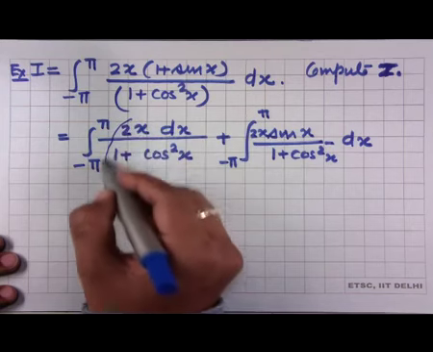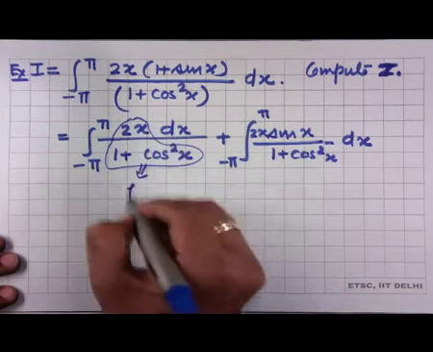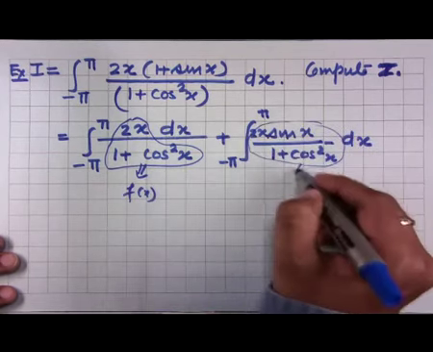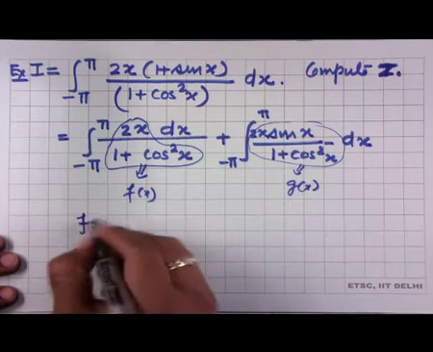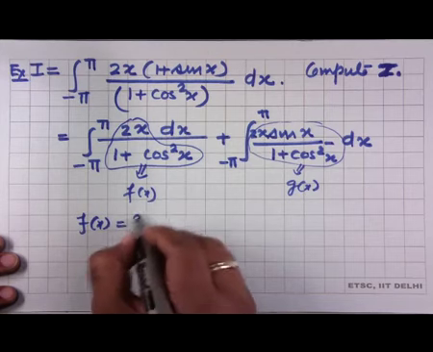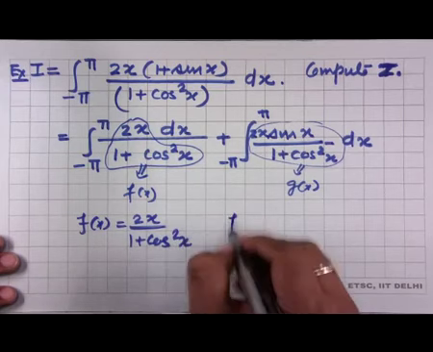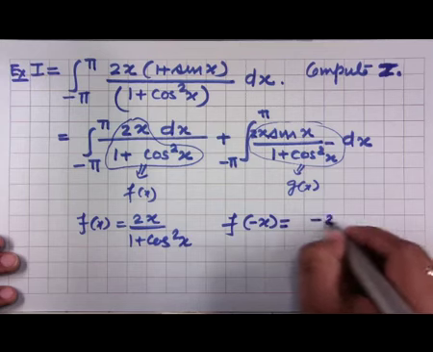Say 2x by 1 plus cos square x is fx and the rest is gx. So fx, that is 2x by 1 plus cos square x, is an odd function.